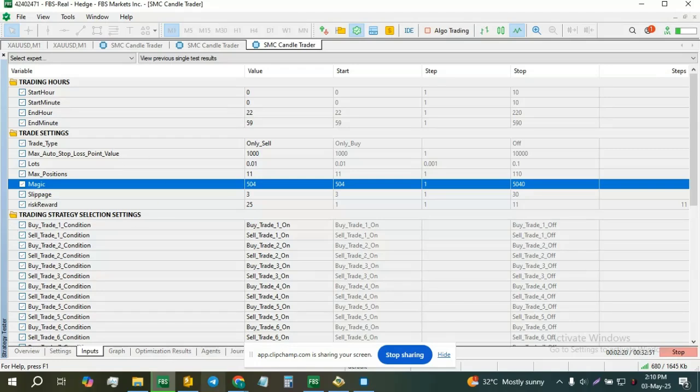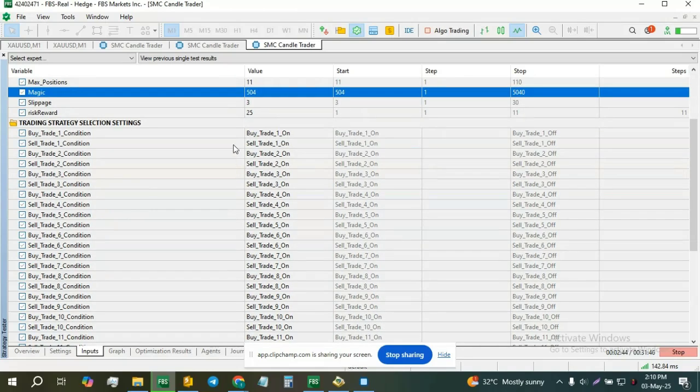It detects the stop loss to use automatically. There is a maximum position. You can input the maximum number of open positions you want, and the risk reward serves as the take profit. So you can decide to go 1 to 1 risk reward, 1 to 2, 1 to 3, but you can use any value you want.